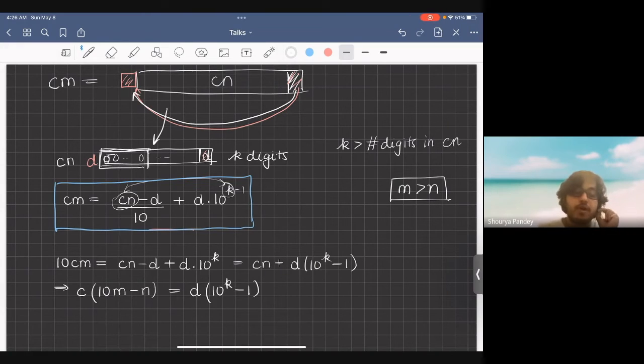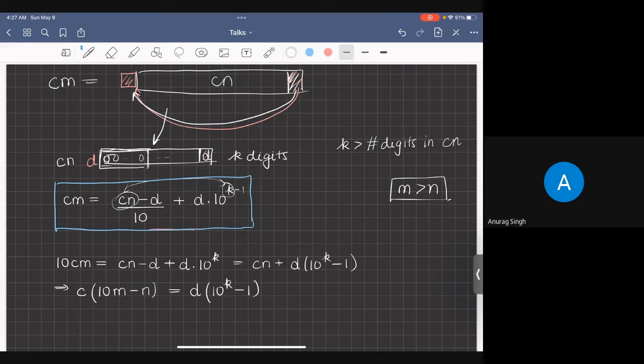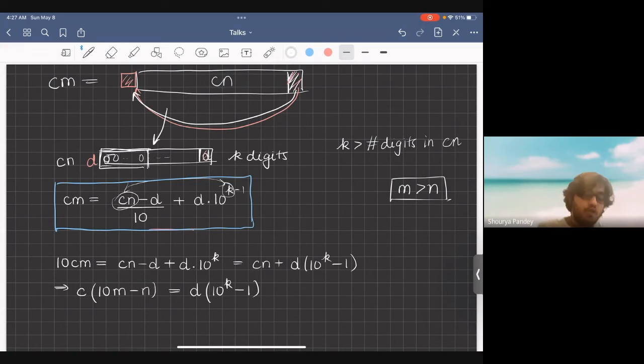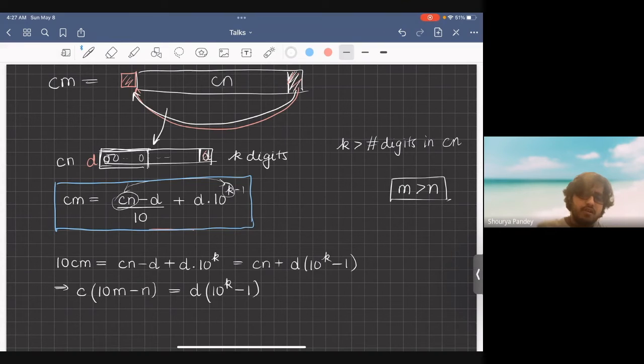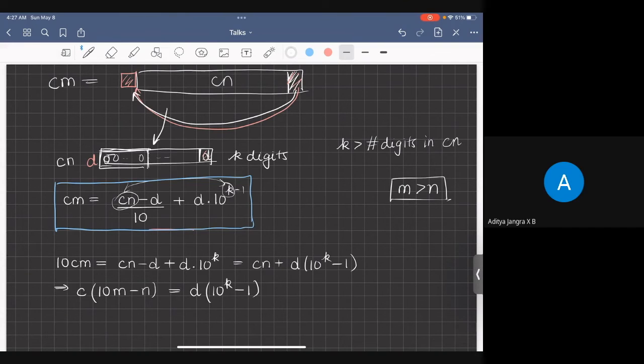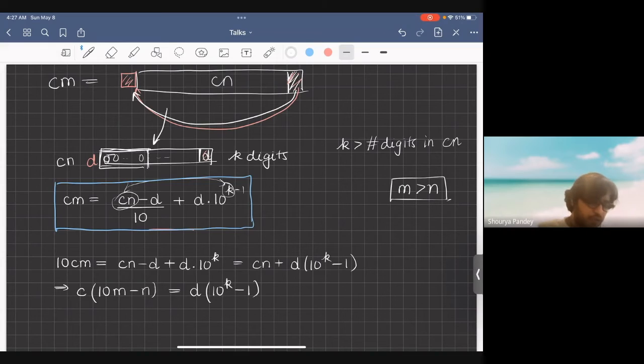And so what if N is a multiple of 10? What happens? D has to be also some multiple of 10. D is a digit. It's 0. So then what happens to the equation?